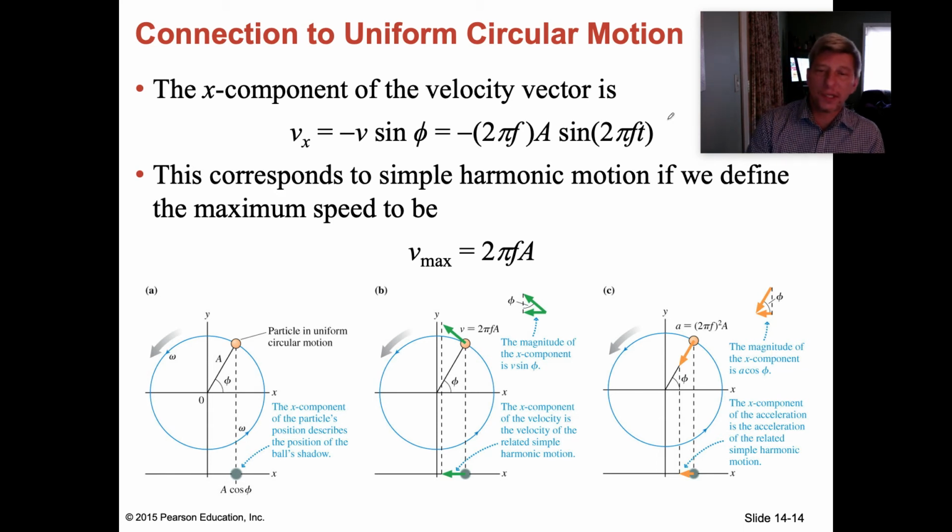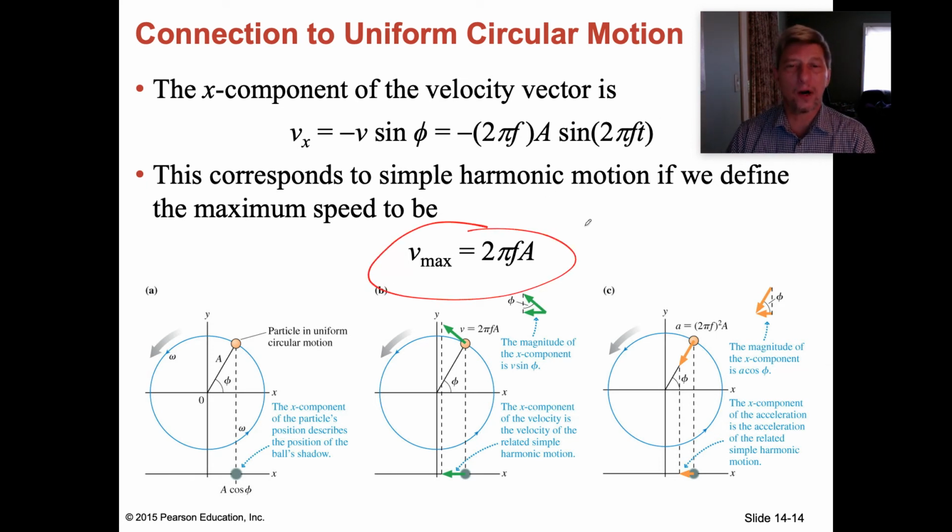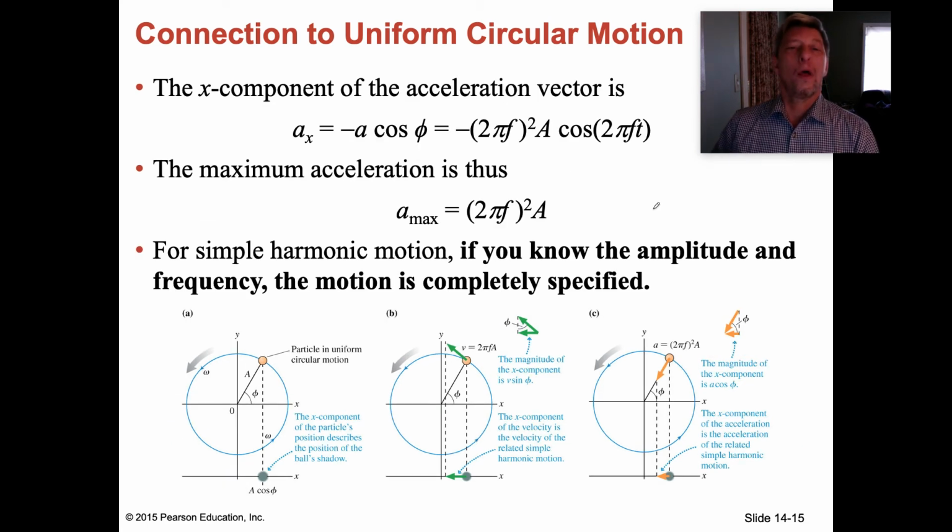All right, the velocity also corresponds to simple harmonic motion. You can use the same equations to get our maximum velocity equal to 2 pi times the frequency times the amplitude. The acceleration, again, can be calculated this way.